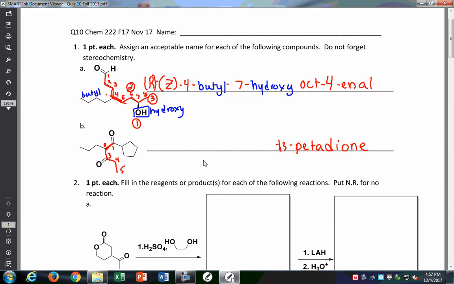Then of course we have a cyclopentyl group on 1, and a propyl group. I am just going ahead of myself and not thinking about what I'm saying. We have a propyl here, and we have our cyclopentyl. C comes before P, so cyclopentyl, and that's on 2, and propyl, and that's on 1.